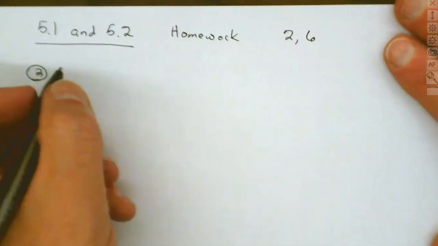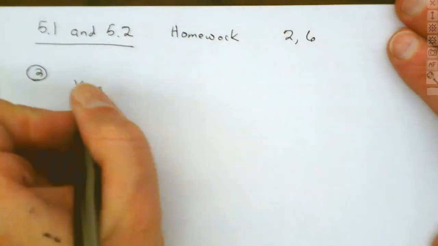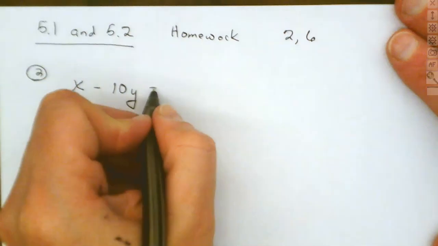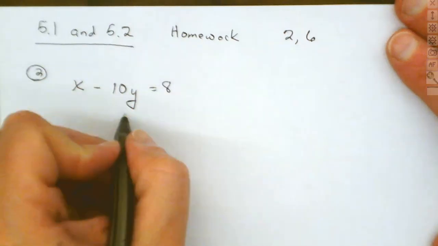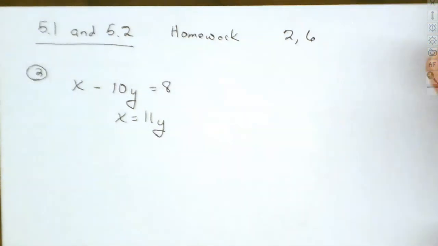And question 2, we're going to solve this with substitution. And how does substitution work? Well, substitution, you take one variable in one of the equations and you plug it into the other one.